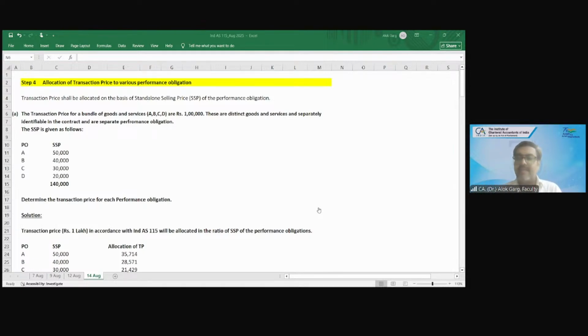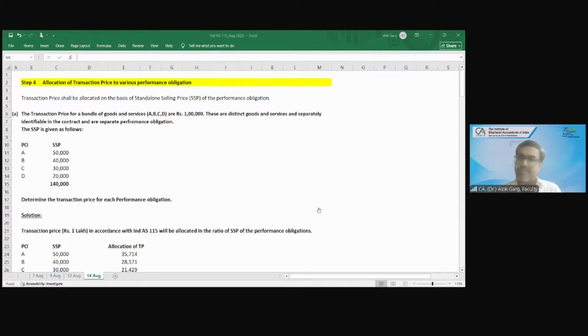Then the concept of principal versus agent, right of return, consignment; we did one question today also. Then granting of options, material right of discount, and warranties as well. These 5 concepts we have covered, right?